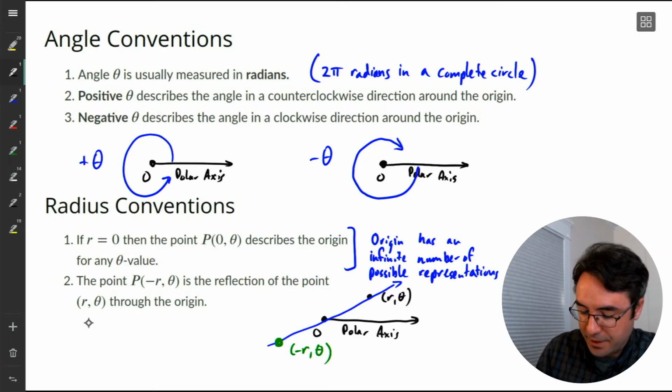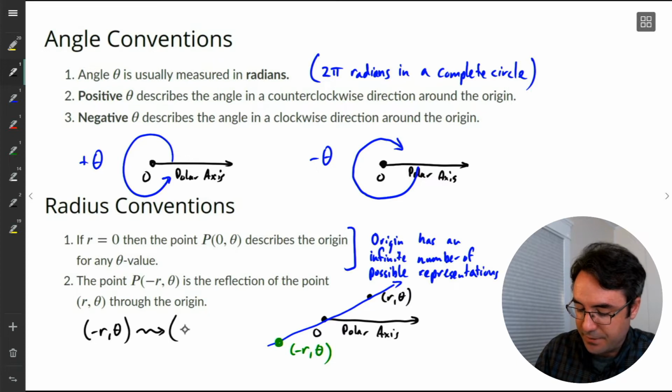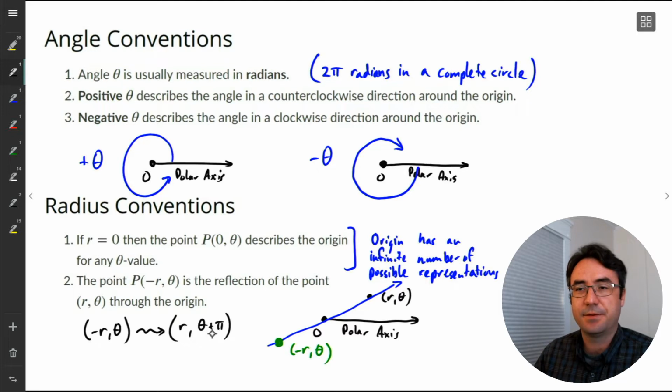So another way to think of negative r comma theta is as r comma theta plus pi. If we rotate this point halfway around the circle, so we have a radius of r, we already started with an angle of theta. Halfway around the circle is going to be pi.